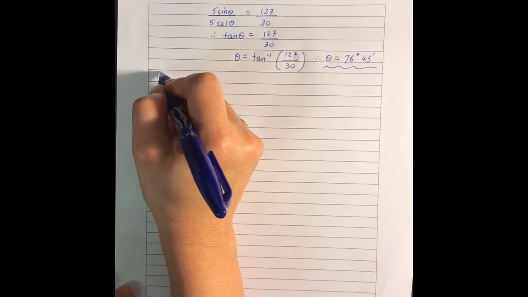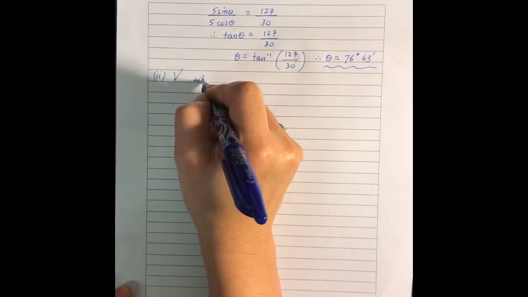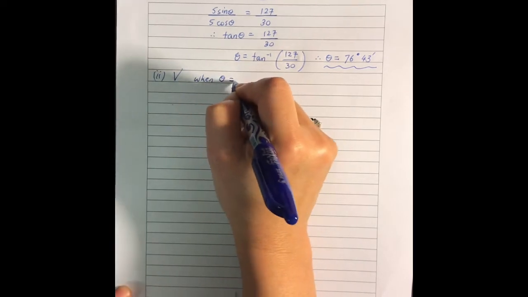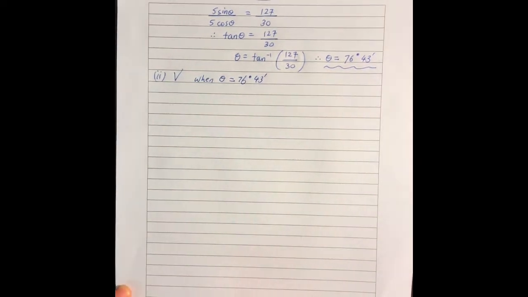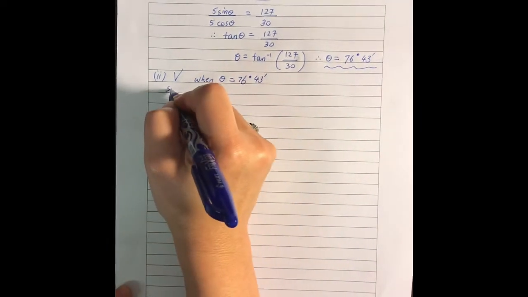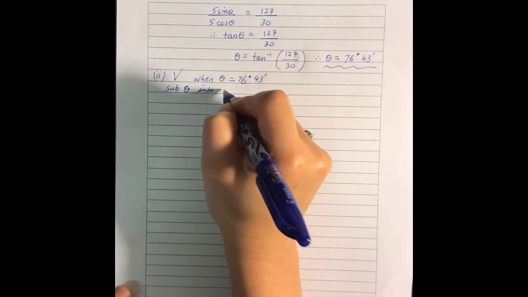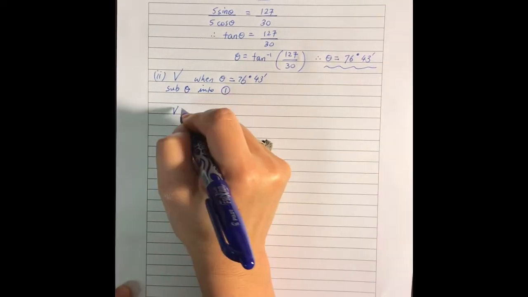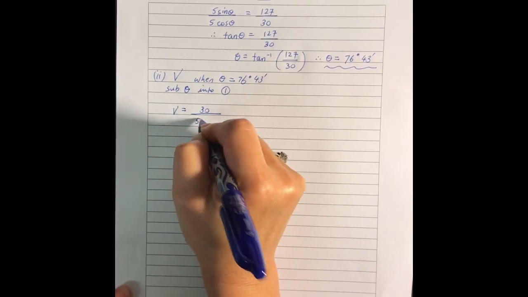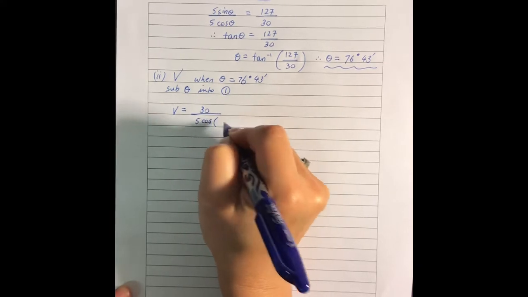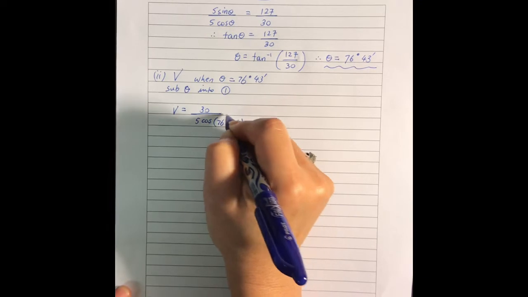I need to find V, the initial velocity, when theta equals 76 degrees and 43 minutes. So I'm going to substitute theta into my first equation. V equals 30 over 5 cos theta, but we know what theta is now, 76 degrees 43 minutes.